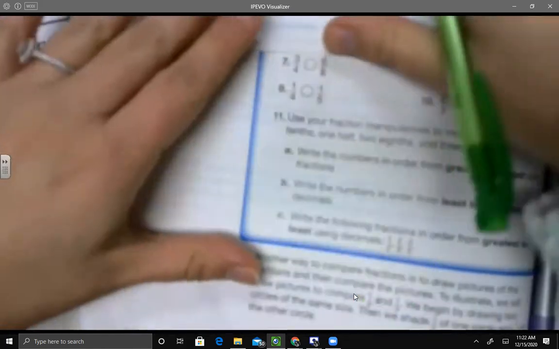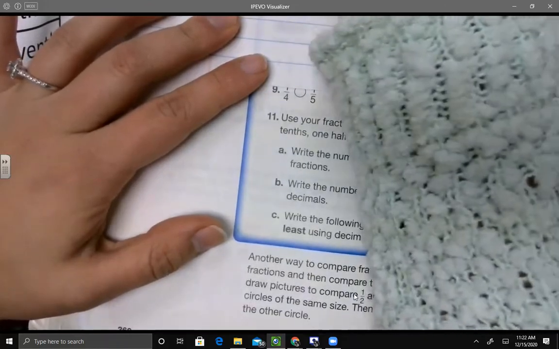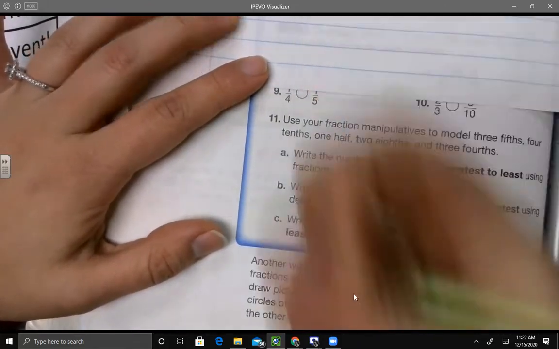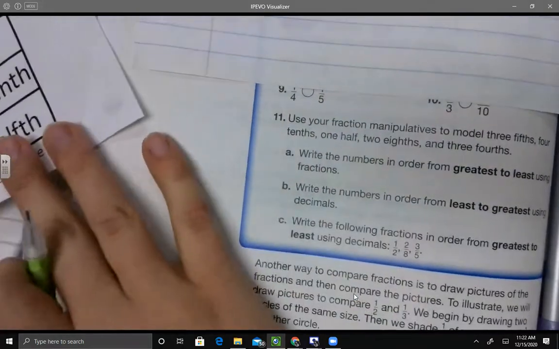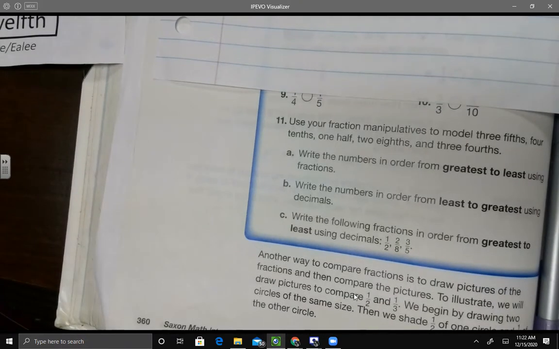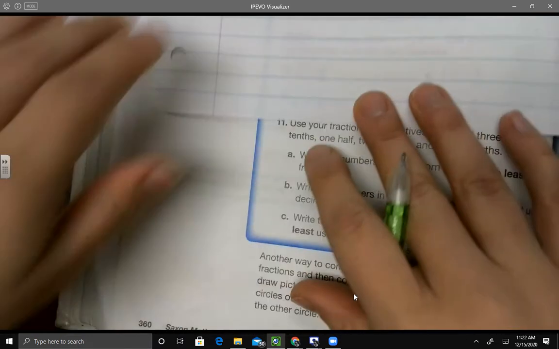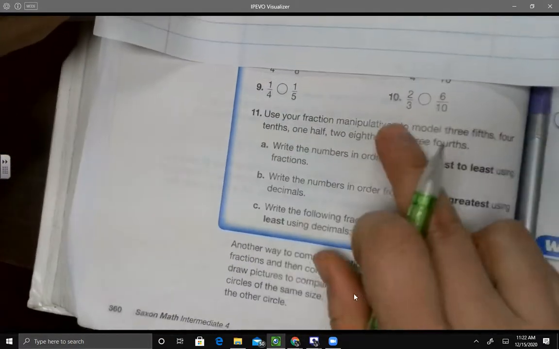So we have to kind of look at both the numerator and the denominator here, right? Because we know that 5/10 is half, is equal to 1/2, whereas 3/10 is going to be a little less than 1/2. Well, 1/4 is also less than 1/2. Okay, so 3/10 is actually going to be a little bigger than 1/4, but they do look very close.